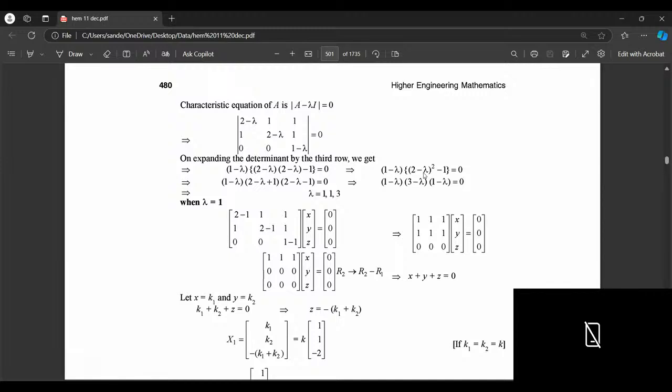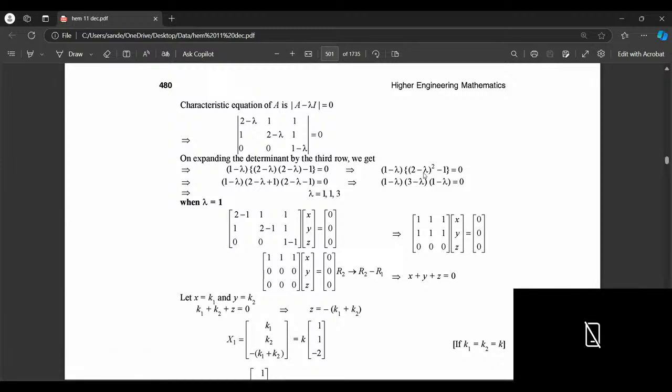Means k1 plus k2 plus z equal to 0. So if we choose k1 is 1, k2 is 1, z equal to minus 2.